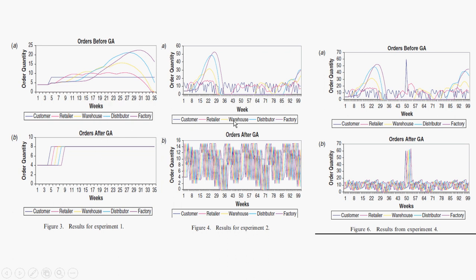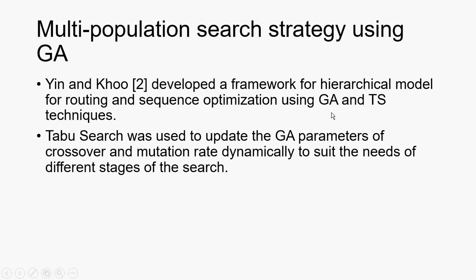The second case was of stochastic consumer demand and deterministic lead time, and the third case was of the sales promotion. So we can see that the GA has been used to reach the optimal order quantity in all three cases.